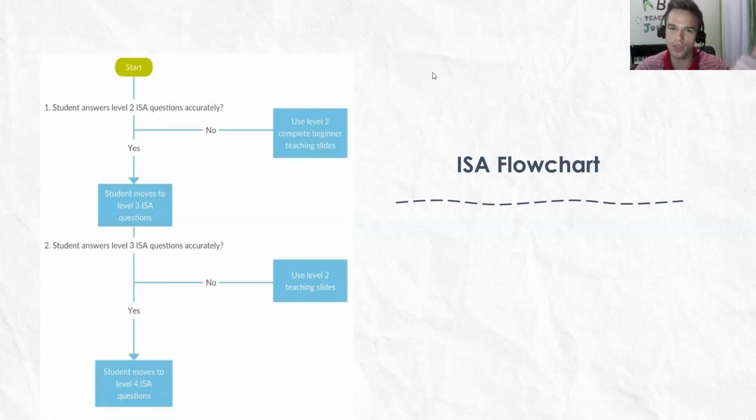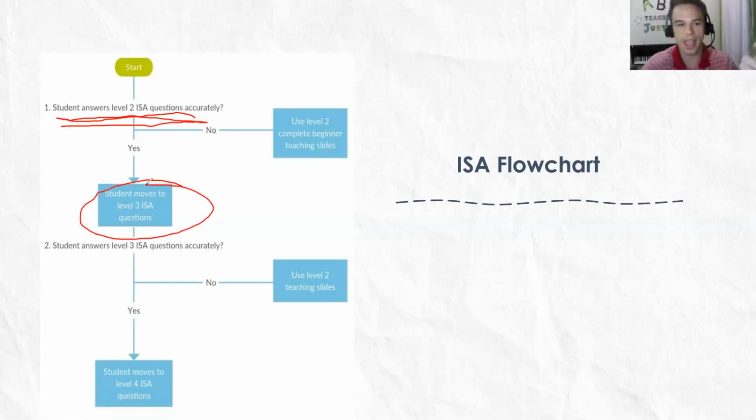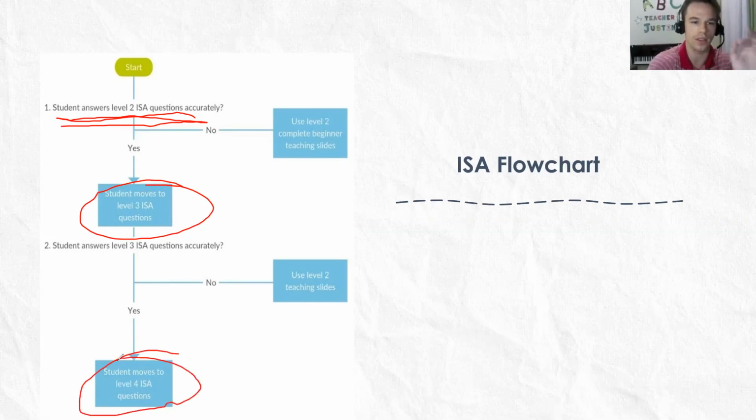What I'm going to do is reflect back on that triangle of different things that we're looking for. You're going to see that there are questions written on the slides. If Jody is able to answer the level 2 questions accurately, then we're going to move on to level 3 questions. If she's able to answer those accurately, then we'll move on to level 4 questions.